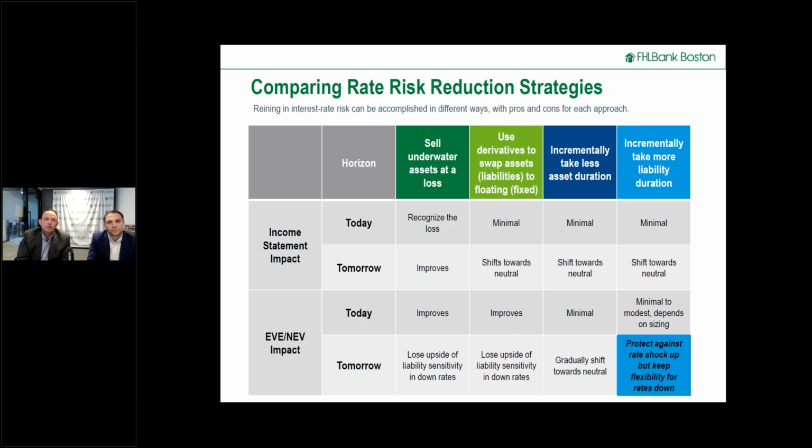It's going to move your positioning to more of a neutral posture, and it's going to help the EVE impact. But again, that last piece on the bottom, you're losing the upside if we do start to see a shift lower.